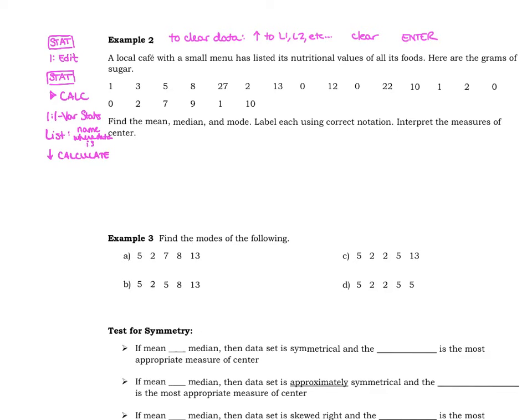Now, in this particular question, the first thing it says is find the mean. I do want to point out one thing: the mean is the mean, whether it's a population or a sample. The calculation is done the same way. Add up all the values, divide by the total number.